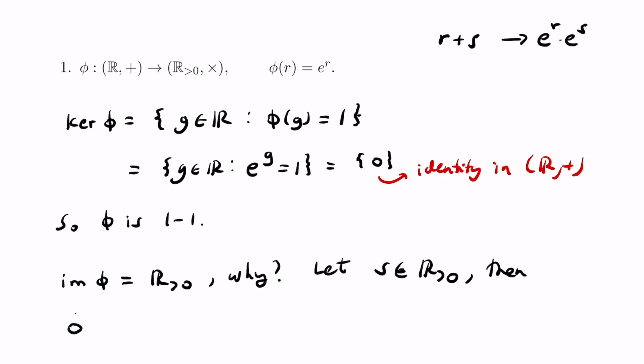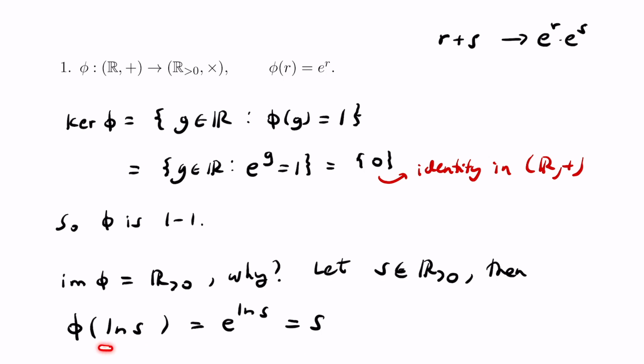Then we need to think about an element on the left whose output is going to be s. And we had a suggestion of how to do this last class, actually. Our idea was to get s as the exponential of something, so you can take the natural logarithm of that s. So phi of the natural logarithm of s, which you can actually compute because s is a positive real number, is going to work out to be s.